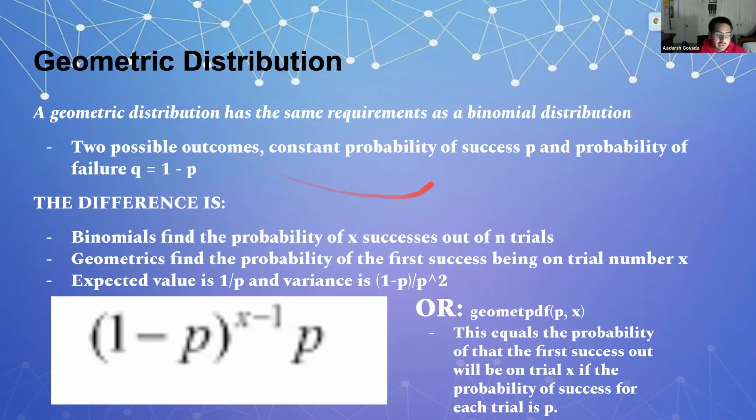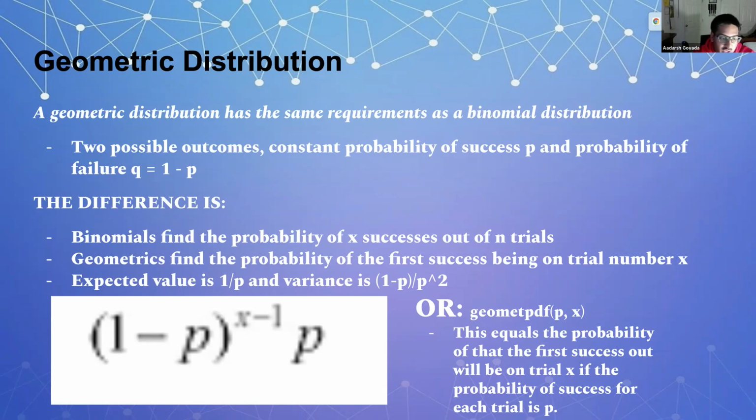The big thing that I want you to take from this slide is it has the same conditions as a binomial distribution, but the difference is binomials are going to find the probability of X successes out of N trials, and geometrics are going to find the probability of the first success being on the Xth trial, trial number X. To reiterate with the coin flip example, you would use a binomial distribution to find the probability of getting 3 heads out of 5 flips.